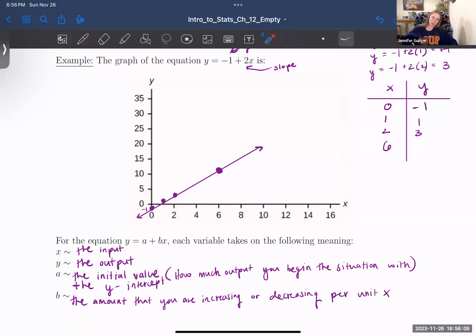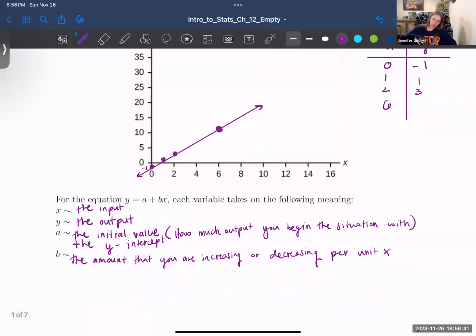So what you see up here is our slope is that, for 1 unit x, we increased 2 vertical steps. 1 step to the right from 0 to 1, 2 steps from -1 to 1 to get to that next place. That's why our slope was a +2. We went 1 step in the x direction, we went 2 steps in the y direction. Again, this is also called the slope.